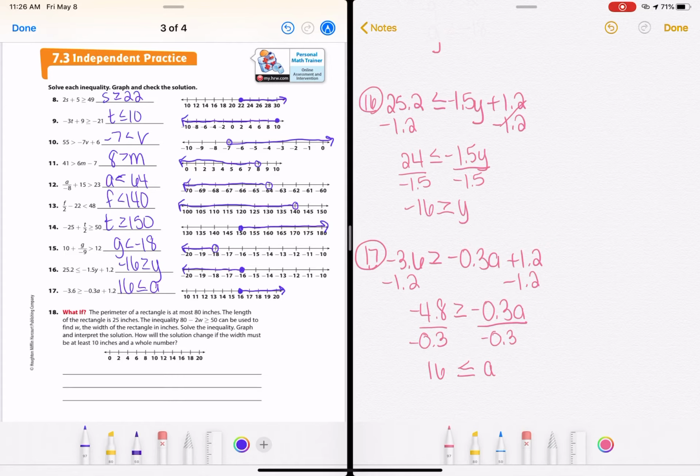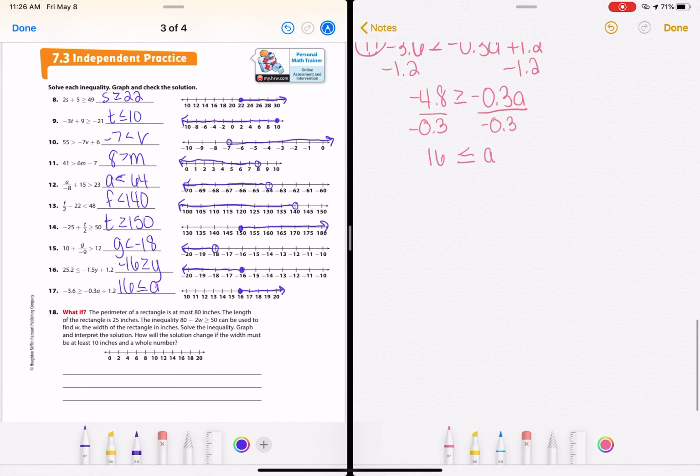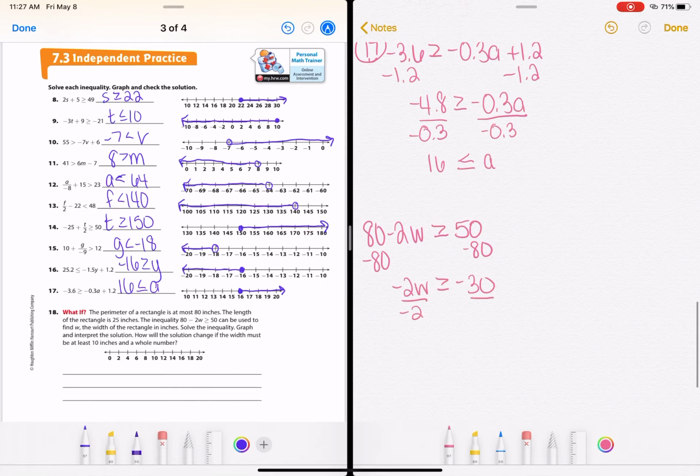So the first thing that we need to do is solve the inequality. So we have 80 minus 2w is greater than or equal to 50. Subtract 80 from both sides. So we have negative 2w is greater than or equal to negative 30. Divide both sides by negative 2.